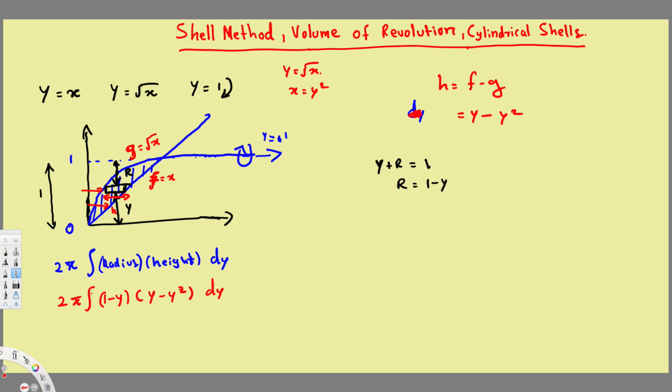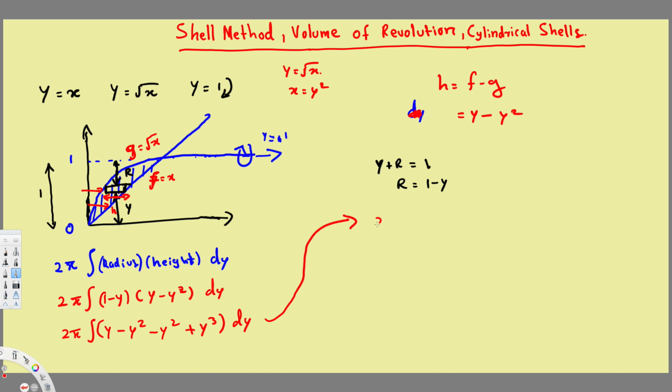So let's multiply this out. 1 times y is y, 1 times minus y squared is minus y squared, minus y times y is minus y squared, and minus y times minus y squared is plus y cubed, dy.